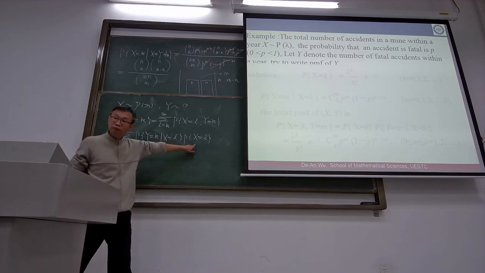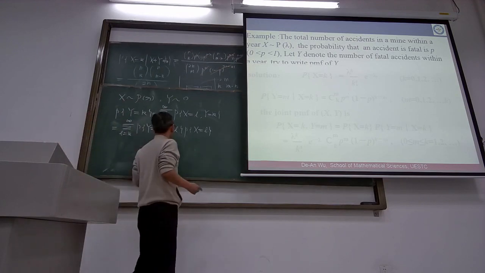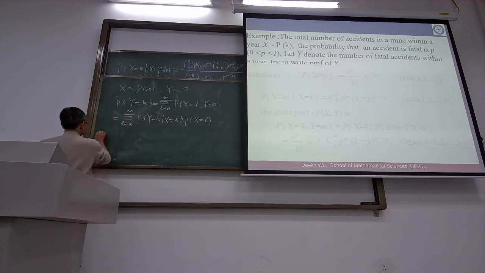This is Poisson. What is it? We have found it before, just binomial. Okay, I will show you again.